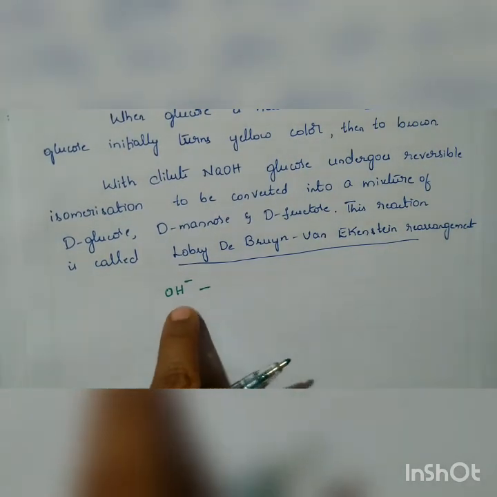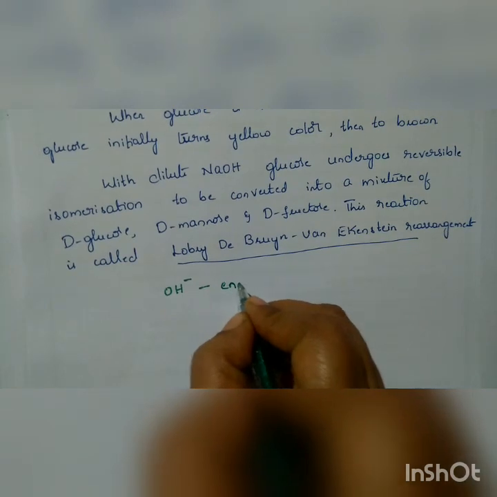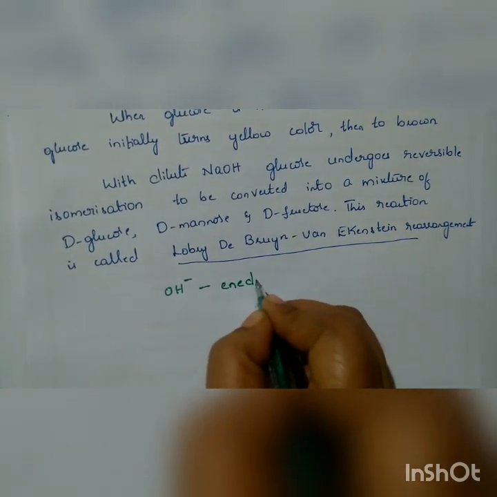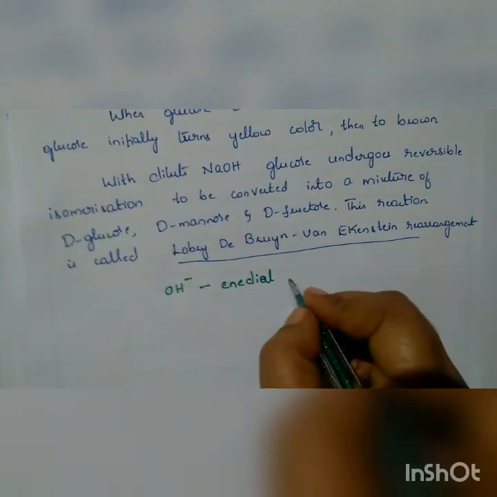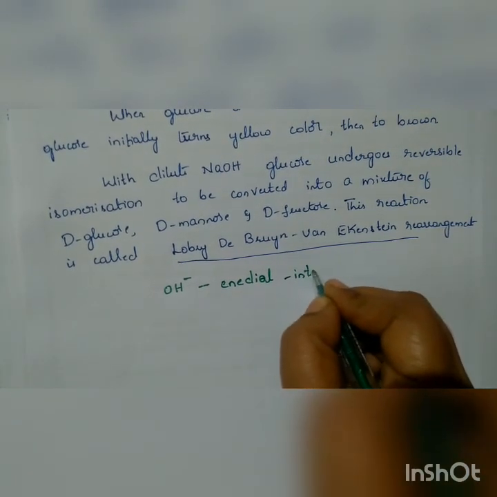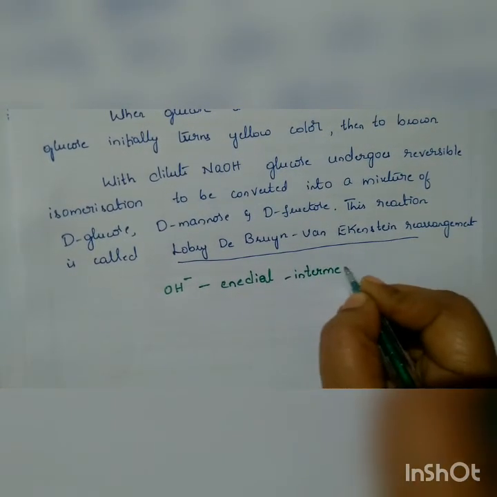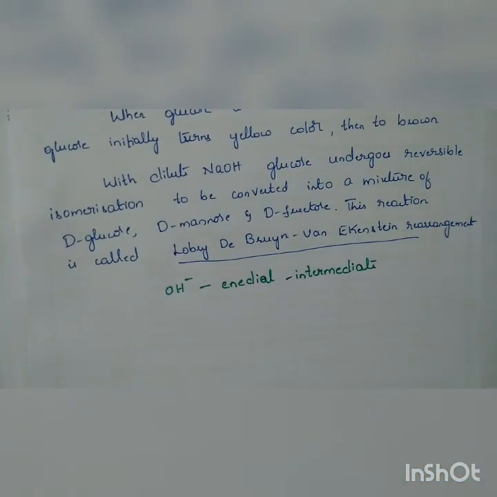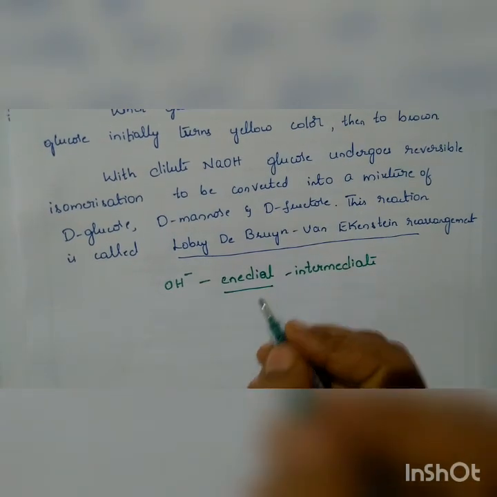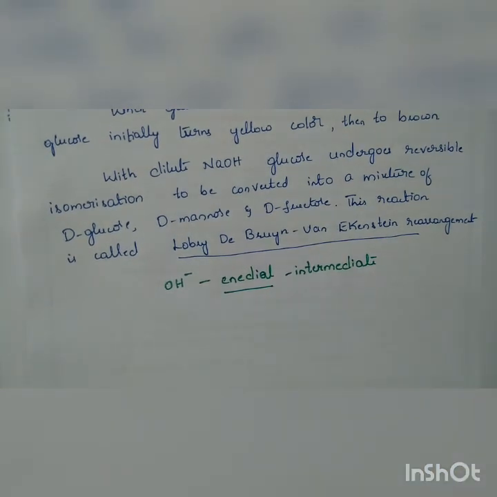In the basic medium, there is formation of an intermediate called enediol, a common intermediate. That is a keto-enol tautomerization, or formation of the enediol intermediate.